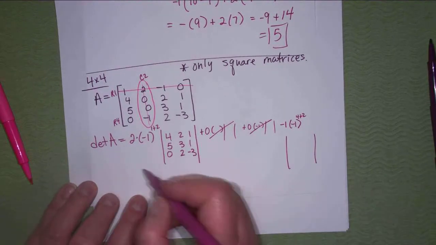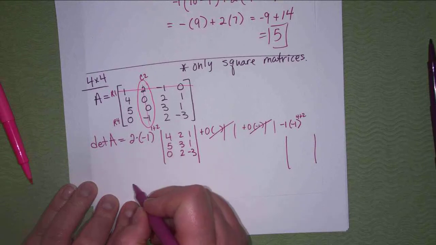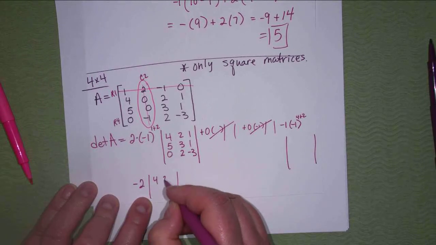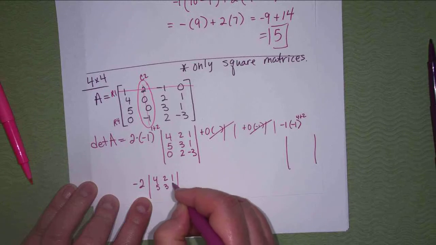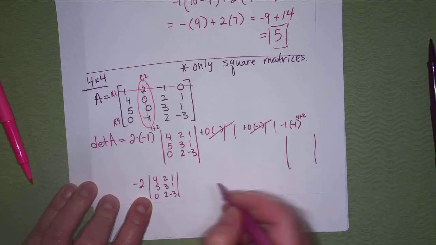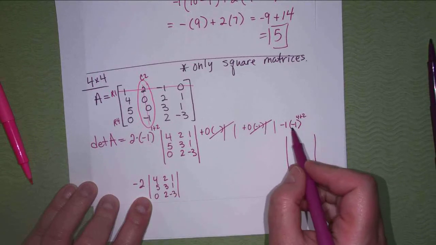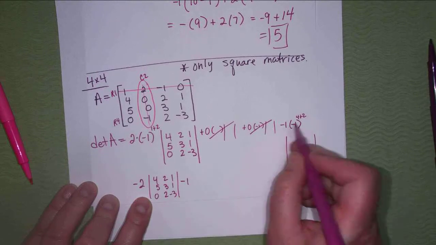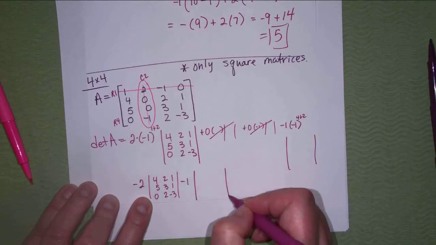So this will be negative 2, because that's a negative 1, and then whatever that determinant is. And here, we'll have negative 1 to the 6 is positive 1. So negative times a positive is negative. And then what's our minor for that?